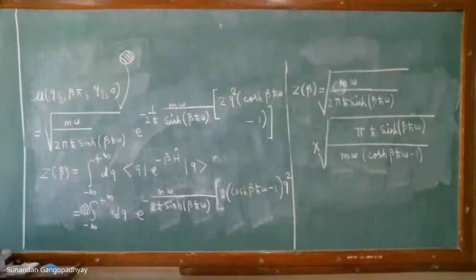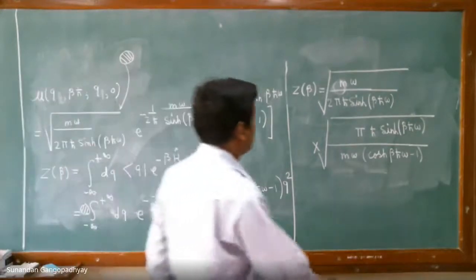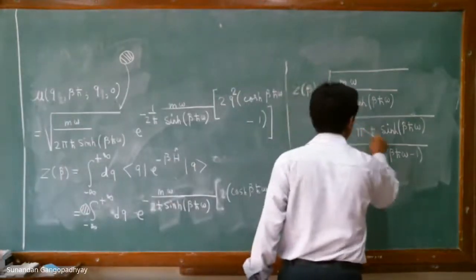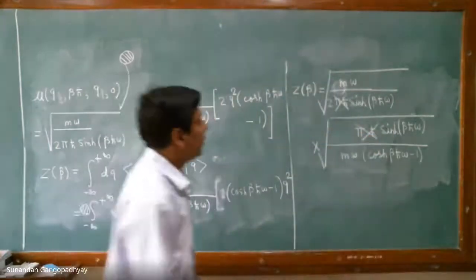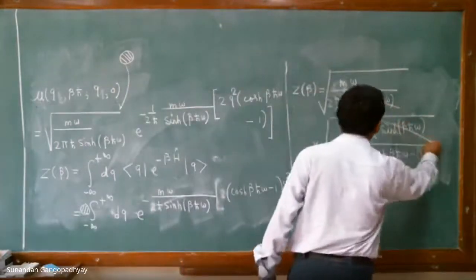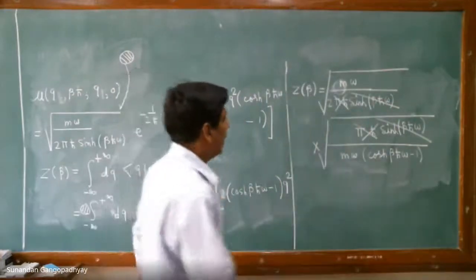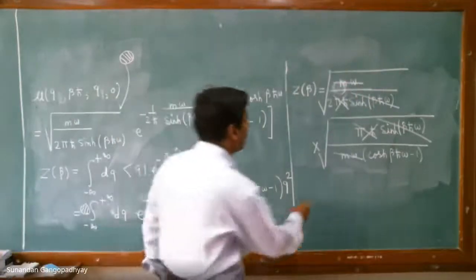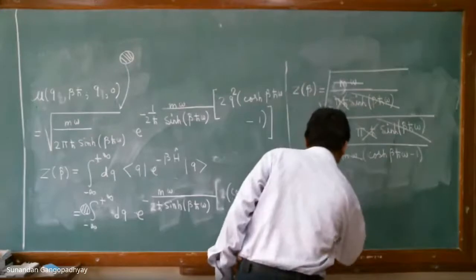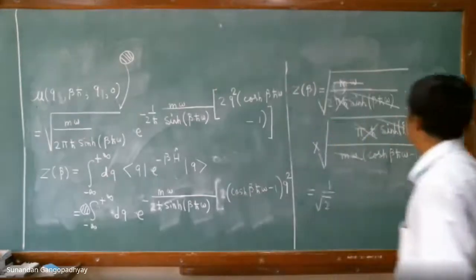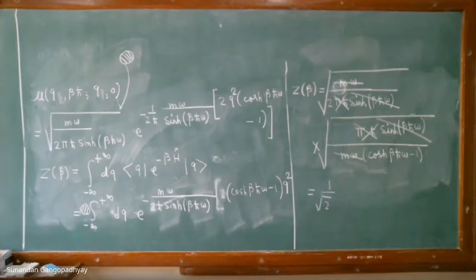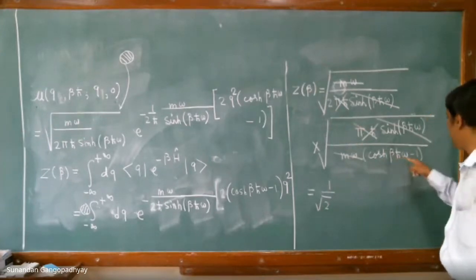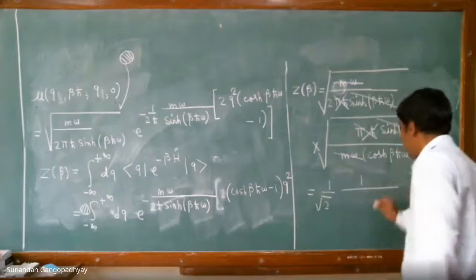Now we have to do some simplifications, which are not that difficult. You can immediately see that this pi h bar factor has cancelled away. This factor has also cancelled, also gone, and this is also gone. Therefore, what we have is 1 by 2 square root coming from this thing, and this is cos hyperbolic beta h bar omega minus 1 under square root.